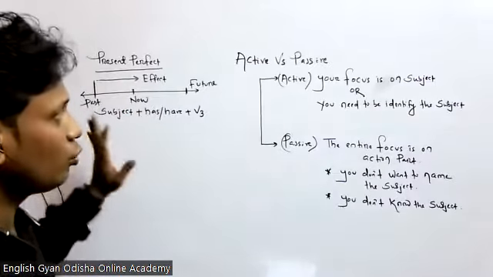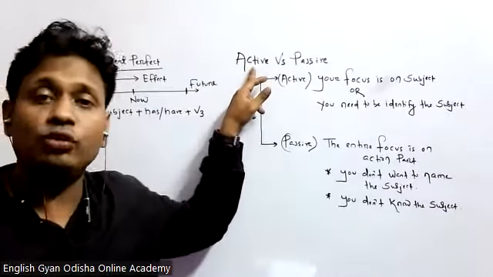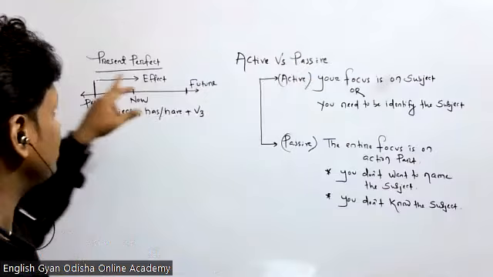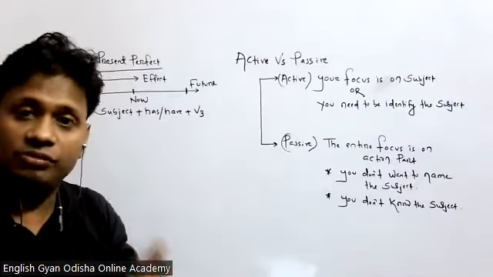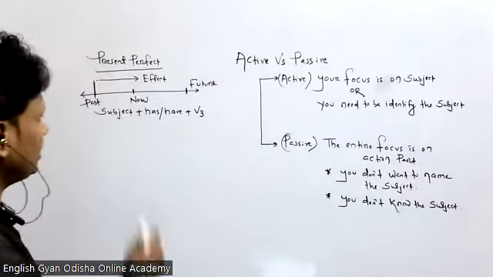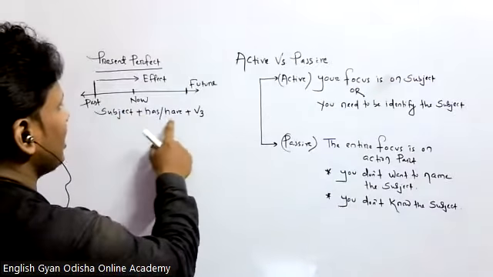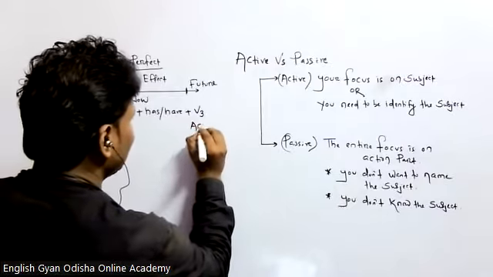But today we are not going to discuss that. We are going to learn in what situation we can use active and in what situation we can use passive, as far as present perfect or past perfect is concerned. Very interesting, right? So this is the structure I have already given you, subject plus has or have plus V3, and this is what we use in active.